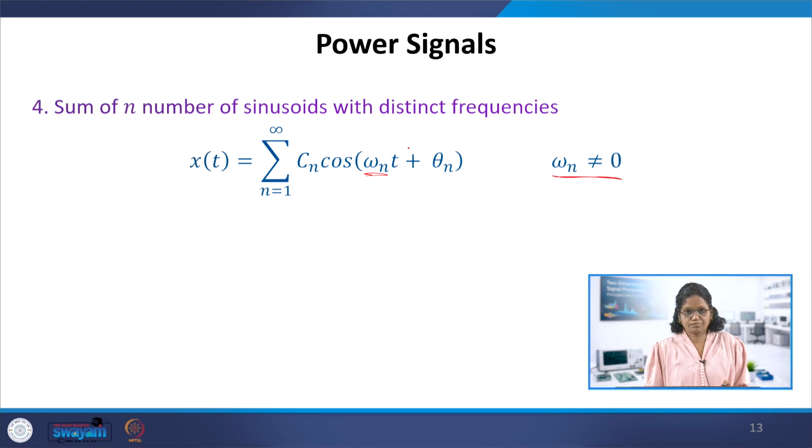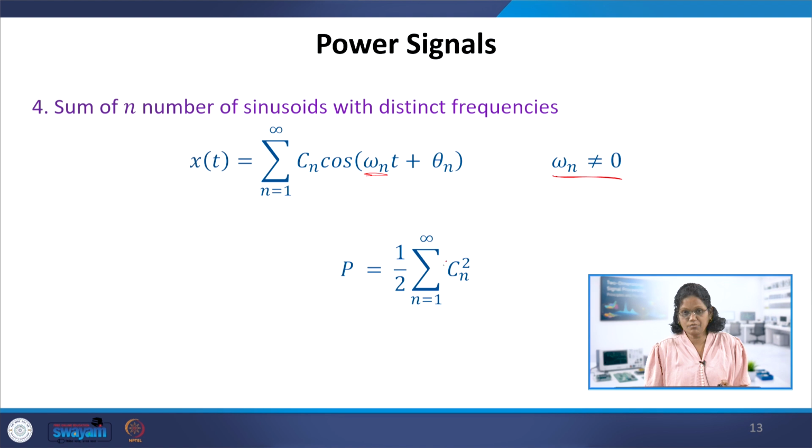In this case, what is the power of this? Okay, P is equal to 1 by 2 times the sum from n equal to 1 to infinity of Cn squared. Because every sinusoid is going to result in the amplitude squared by 2: C1 squared by 2, C2 squared by 2, C3 squared by 2, C4 squared by 2, and so on, and we add up all of them. That is indicated by the summation.